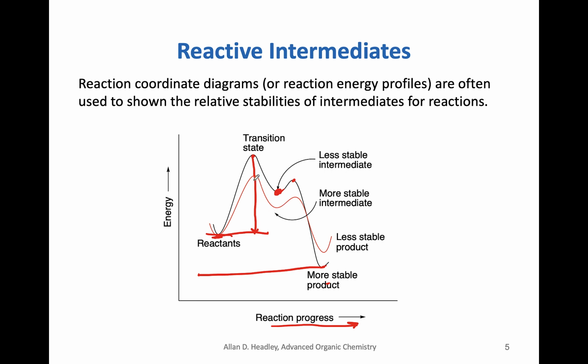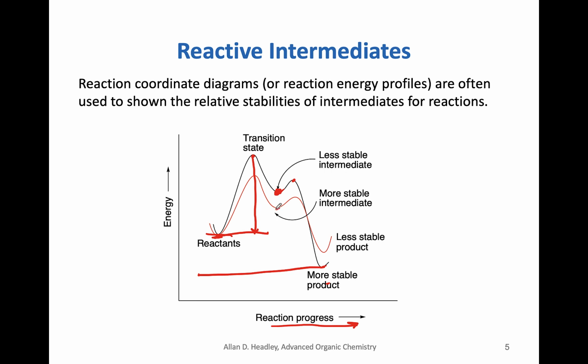Let's look at the black compared to the red. Here you can see that the intermediate formed for the black trace is less stable than that formed for the red reaction path.